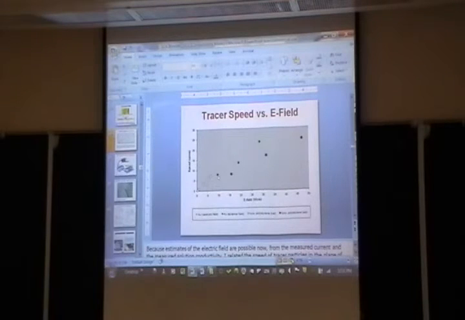Again, just to show, you can measure the speeds of these tracer particles. These tracer particles, of course, also move in an applied electric field that's externally imposed. And you can see what the equivalent speed is, from which you can calculate what the electric field we're generating through these redox reactors. And again, I showed you 13 volts per centimeter.